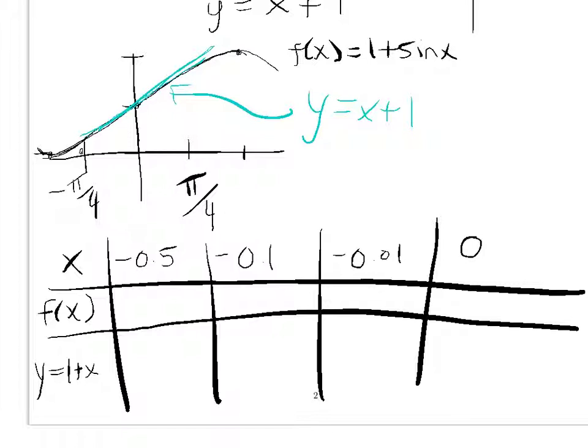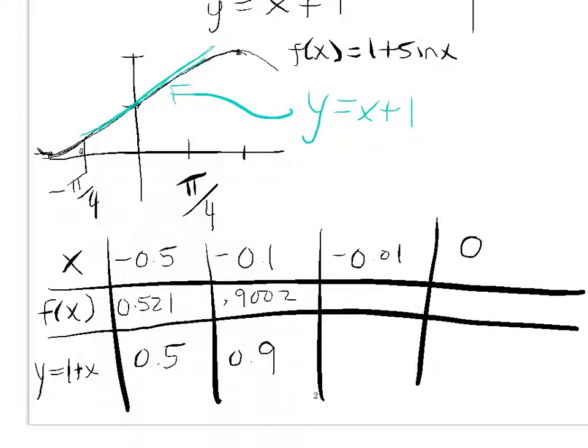At negative 0.5, our original function is 0.521, while our approximation is 0.5. The difference between the two is just 0.021, not too bad. At negative 0.1, it's 0.9002 for our original function, 0.9 for our approximation.